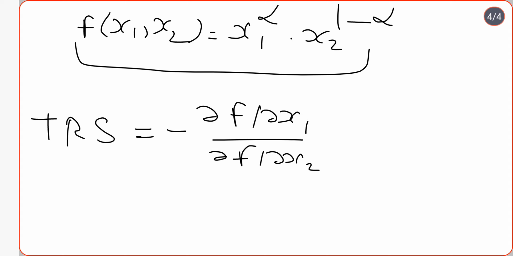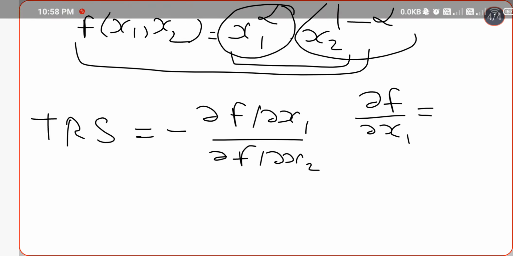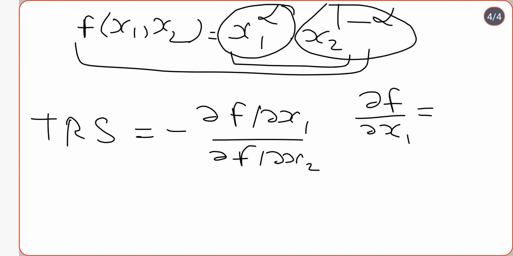Now we have to derive the value of del f by del x1, that is the partial derivative of the function with respect to x1. This part will have a derivative and this part will not have any derivative. So what will be the derivative of x1 to the power alpha with respect to x1?